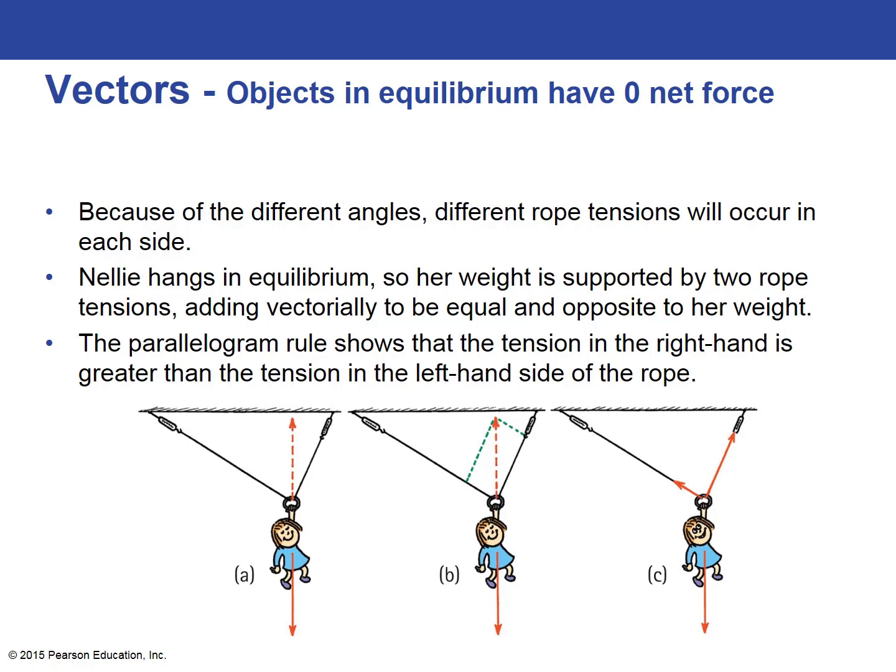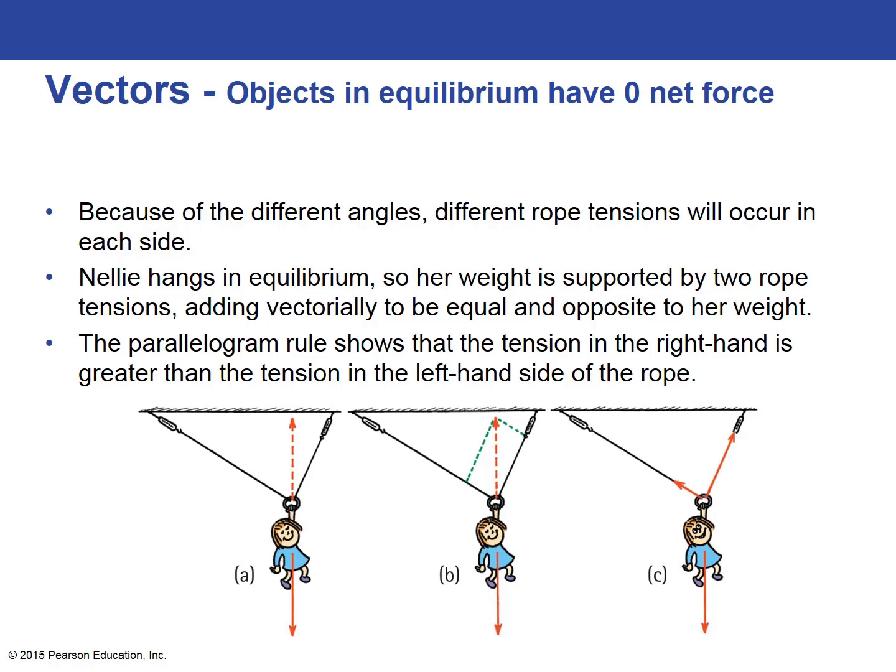What we can do, or what is shown here in figure B, is the vectorial addition of the two tensions in the rope, which add up to a vertical line. And the length of that vertical line, pointed upward with a dotted line, must add up to the weight of Nellie.